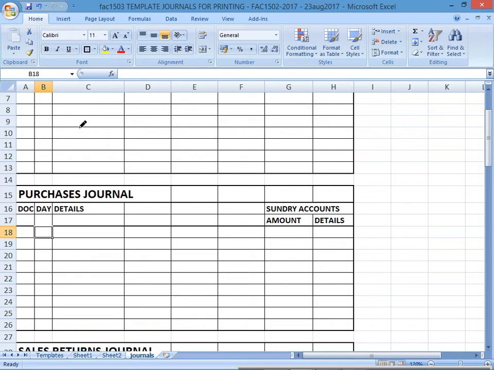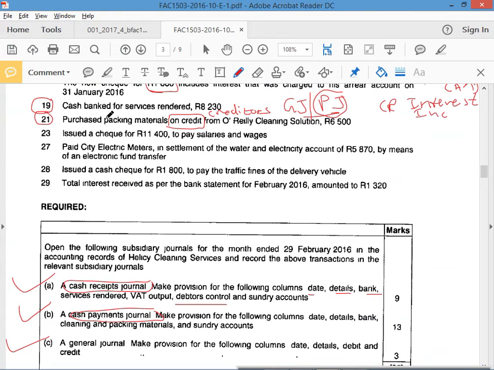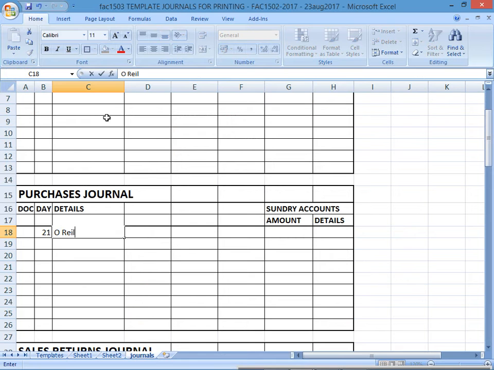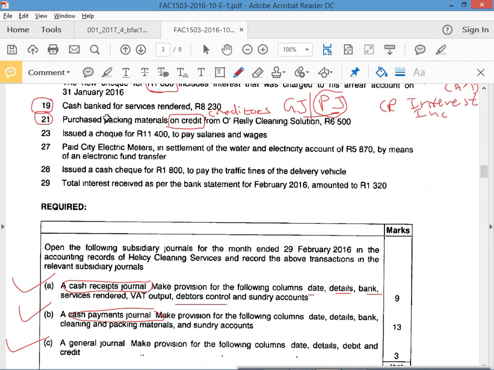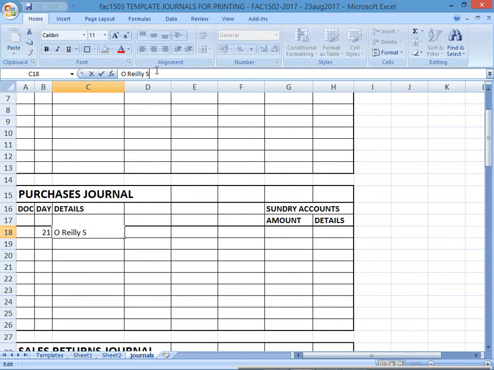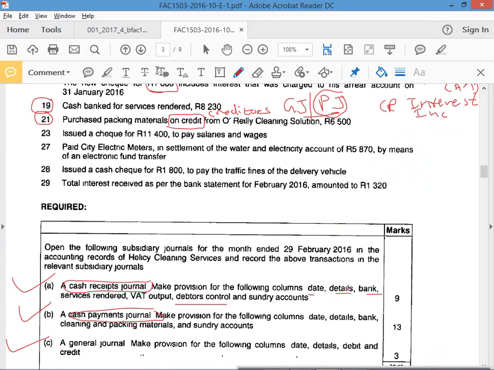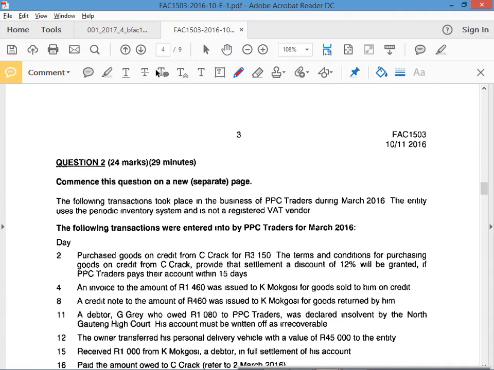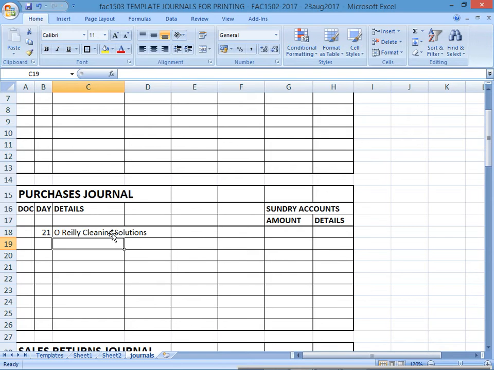You would have day 21. You would have had O'Reilly Cleaning Solutions, and then you would have had 650 in the creditors. 6.5 actually.